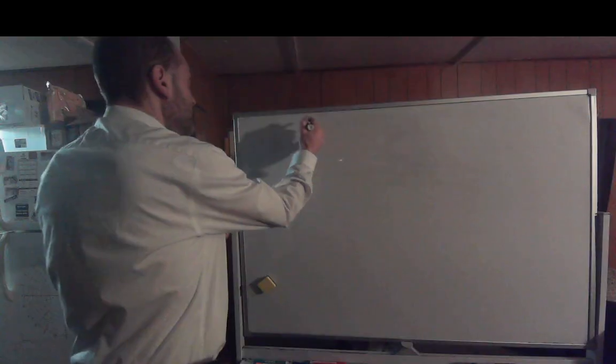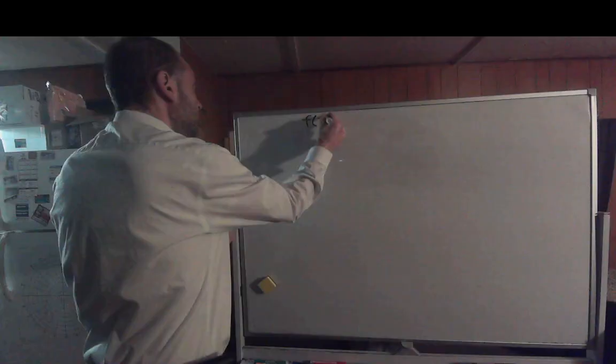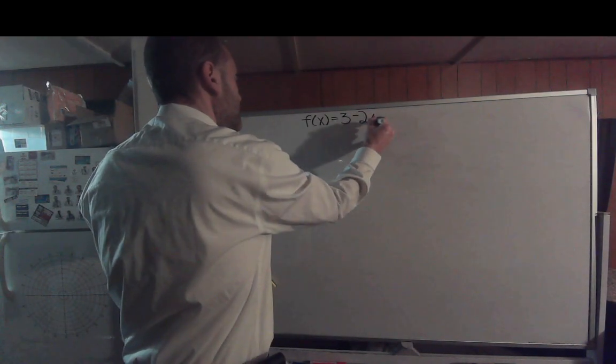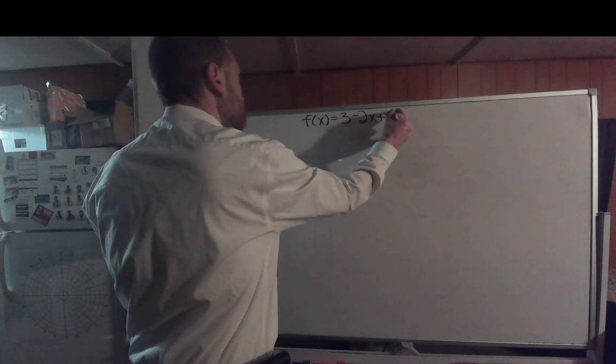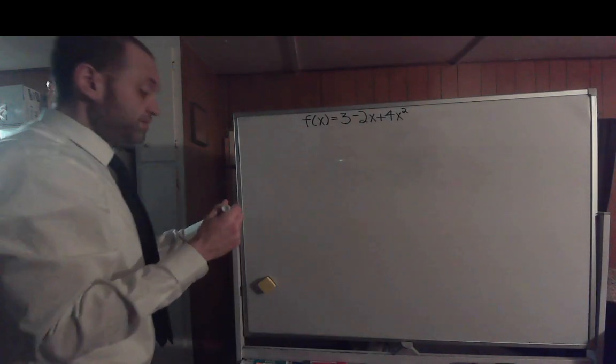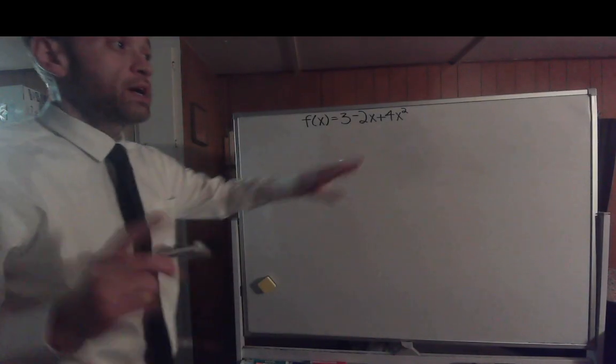Alright, so let's see what we got here. We have f of x equals 3 minus 2x plus 4x squared.